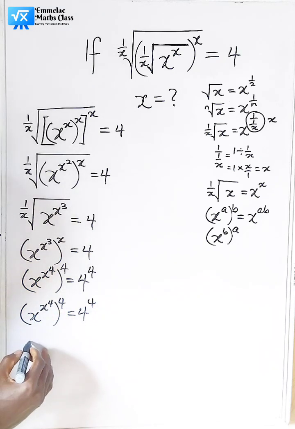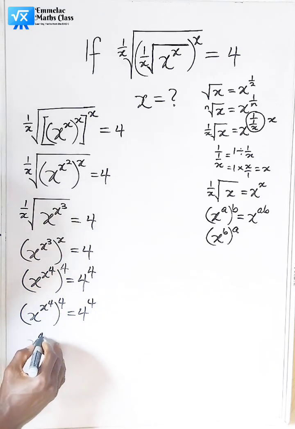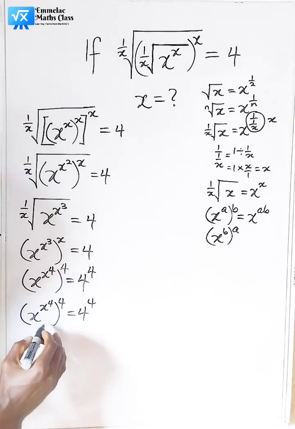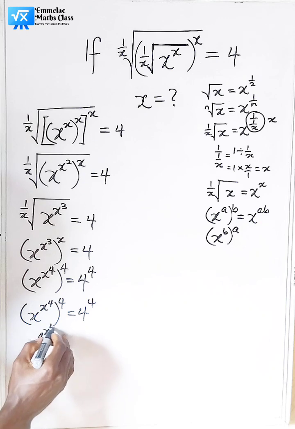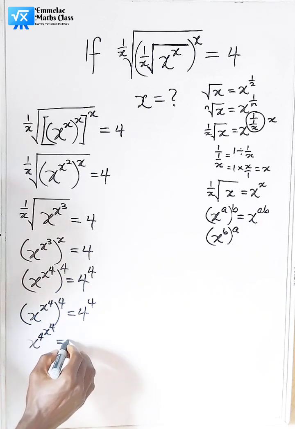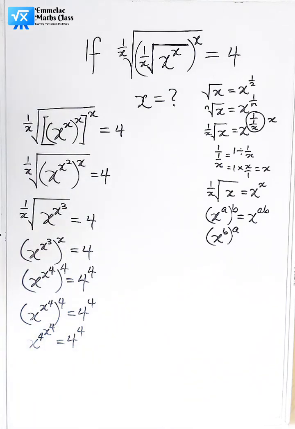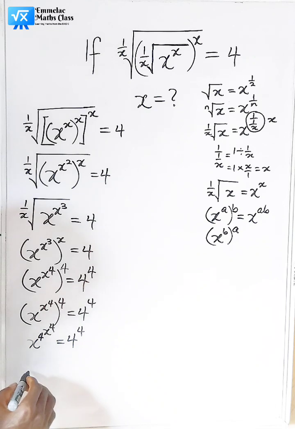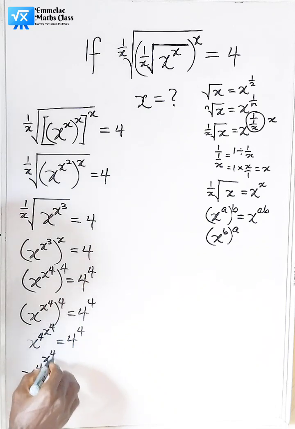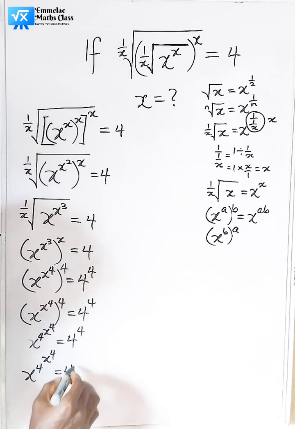So here we have x raised to the power of 4, all raised to the power of x raised to the power of 4, equals 4 raised to the power of 4. Let me write it clearly: x raised to the power of 4 raised to the power of x raised to the power of 4 equals 4 raised to the power of 4.